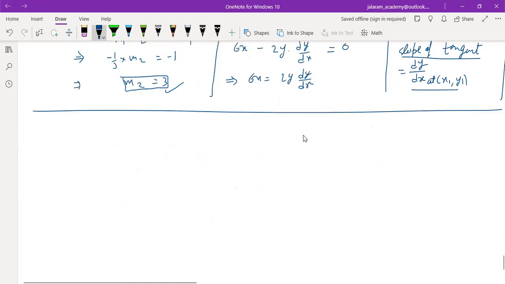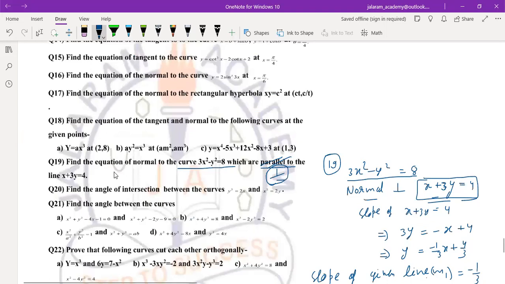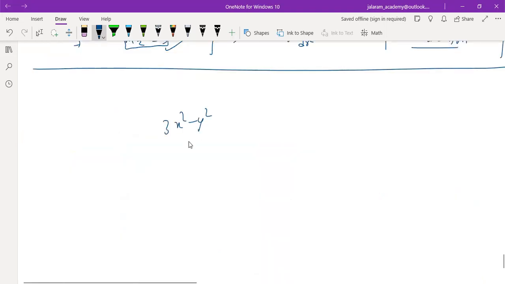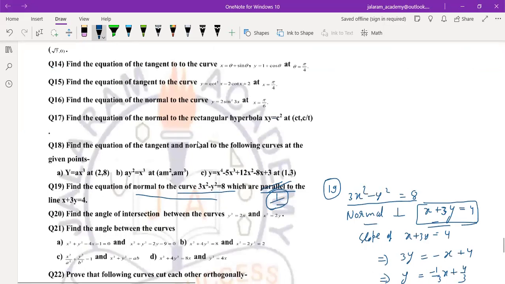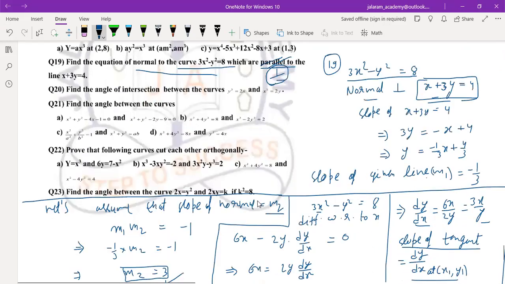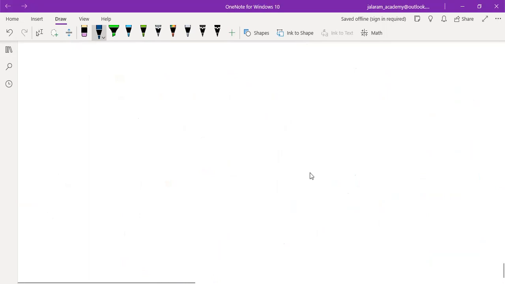Now, again I'm discussing the original question. Find the equation of normal to the curve 3x square minus y square equals 8, normal to the curve which is parallel to the line x plus 3y equals 4.